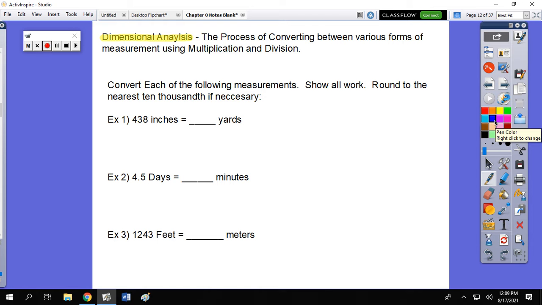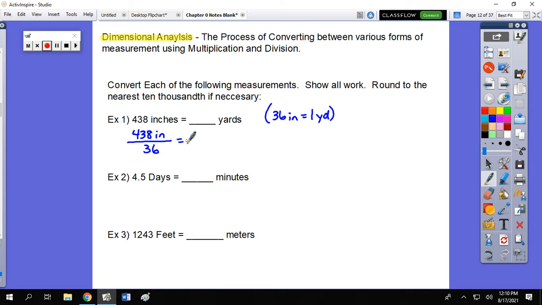So for instance, inches into yards, inches are smaller than yards. So we know that we need to divide. And the fact that we're going to use is the fact from the previous page that there are 36 inches in 1 yard. So we're going to take that 438 inches and divide by 36. And what that will do is convert our answer into yards.